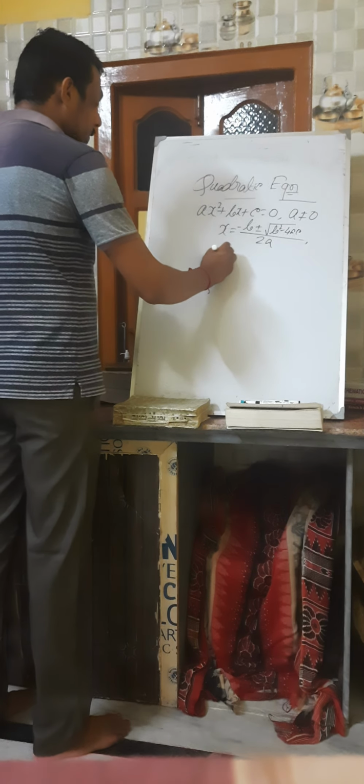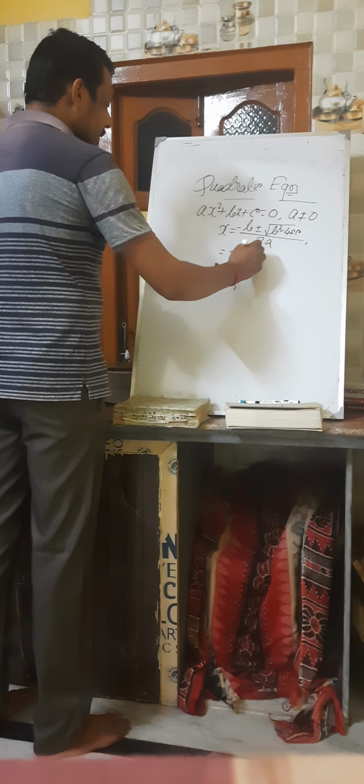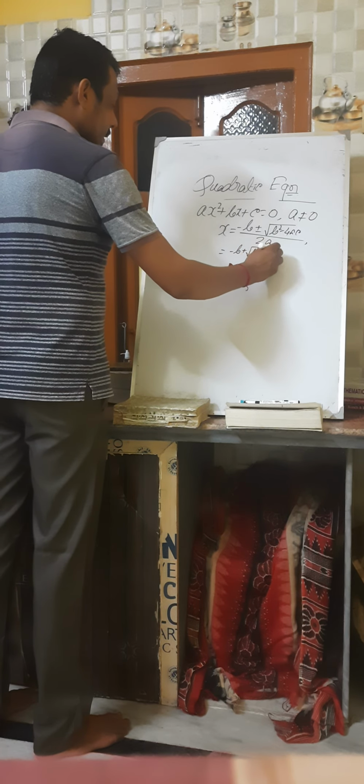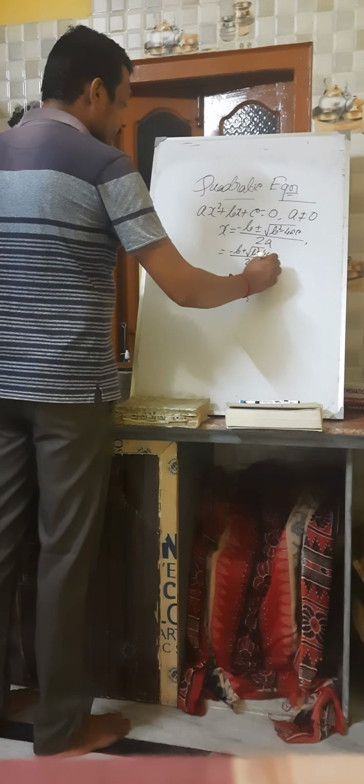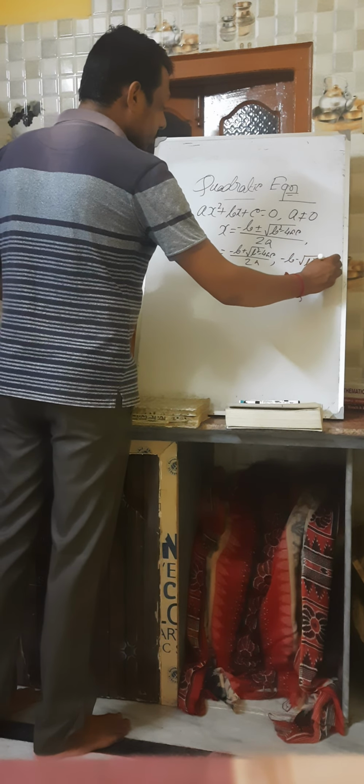So a quadratic equation has two roots. One root is minus b plus root over of b square minus 4ac by 2a. Another one is minus b minus root over of b square minus 4ac by 2a.